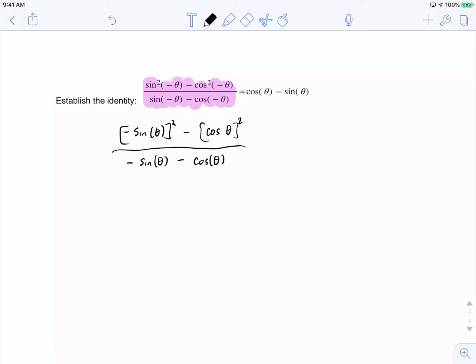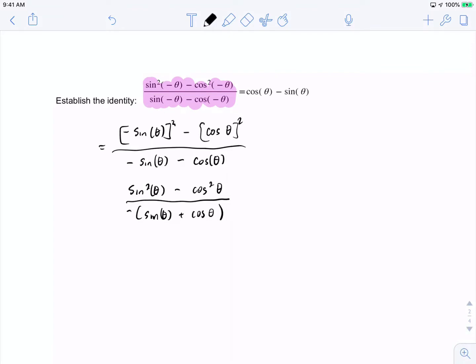And again, that's using the odd and even function definitions. I see that I'm going to get in the numerator sine squared theta minus cosine squared theta, and then in the denominator I'm going to factor out a negative, so I'm going to get sine theta plus cosine theta.